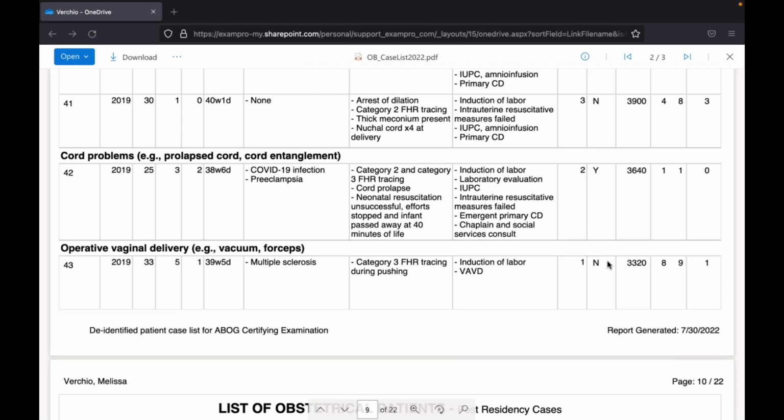But anyway, it's a gravida 3 para 2 at 38 and 6 weeks who did have COVID, and upon our evaluation in triage met criteria for the diagnosis of preeclampsia. And so an induction of labor was started.